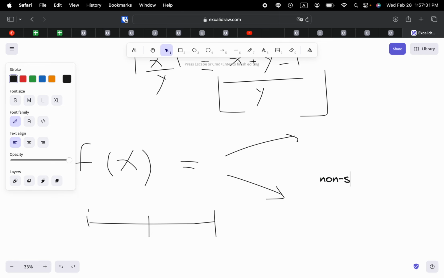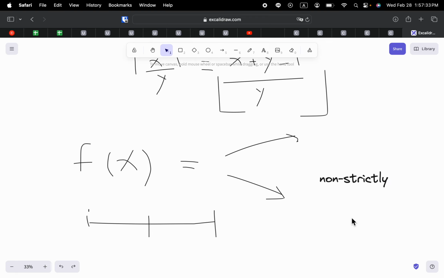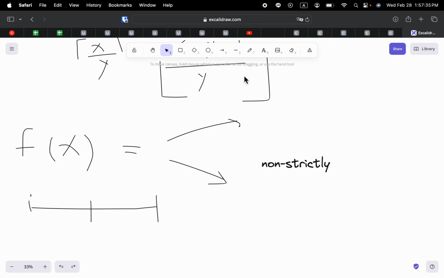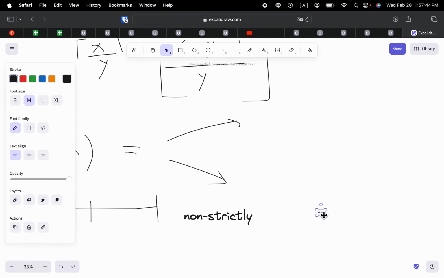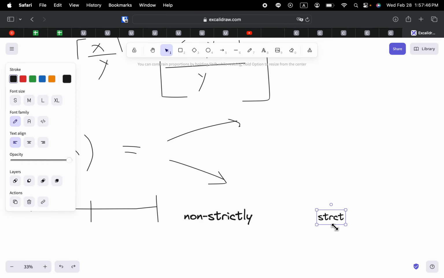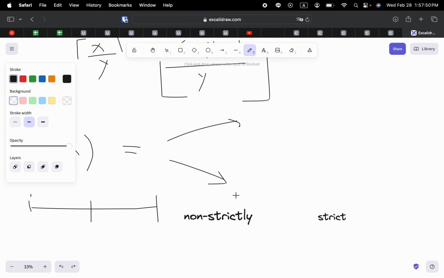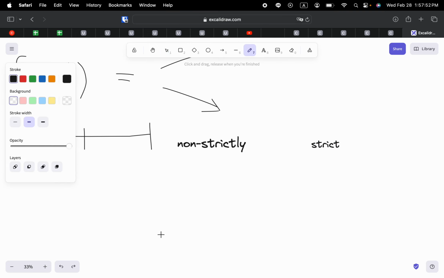Non-strictly. Do you guys know strictly and non-strictly increasing, decreasing? Non-strict is like you can be equal. And so non-strictly increasing is basically non-decreasing, and non-strictly decreasing is non-increasing.